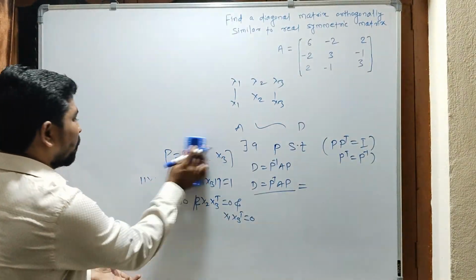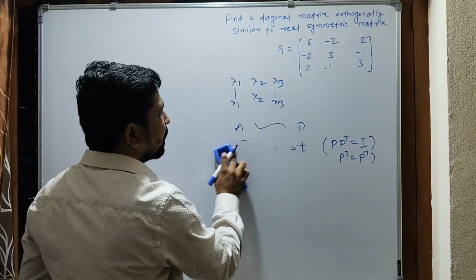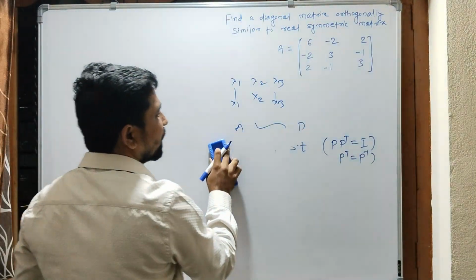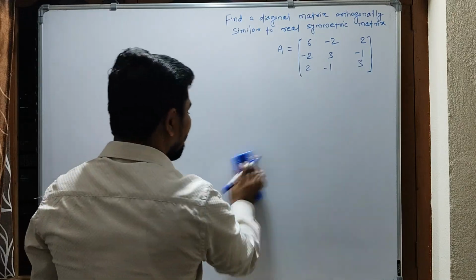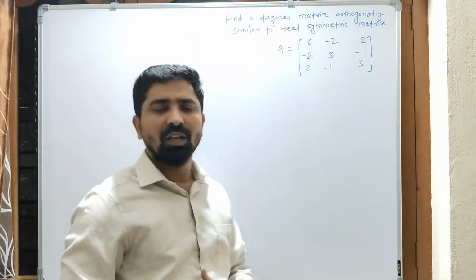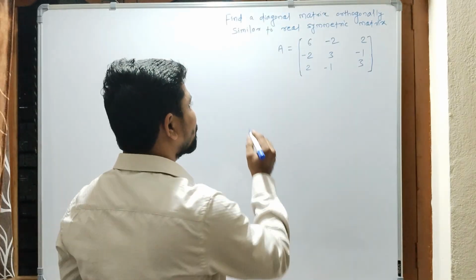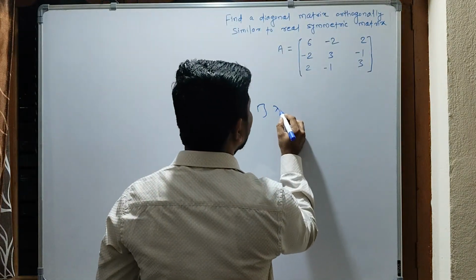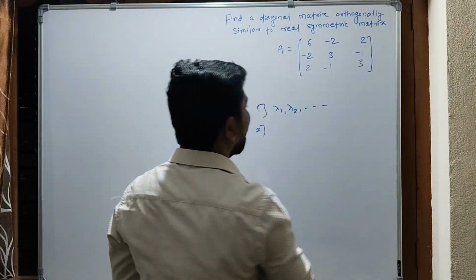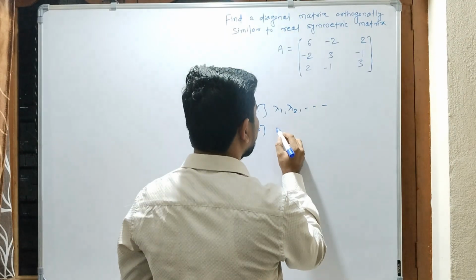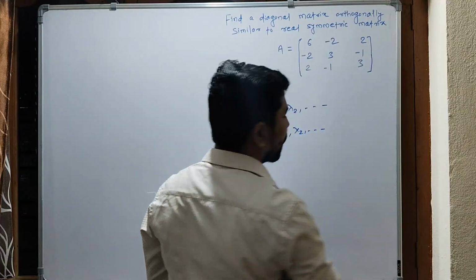So here is how to find the matrix D which is orthogonally similar to this real symmetric matrix. In the working rule of diagonalizable matrix, the first rule is to find the eigenvalues of the given matrix, and the second rule is to find the eigenvector corresponding to each eigenvalue, x1, x2 and so on.